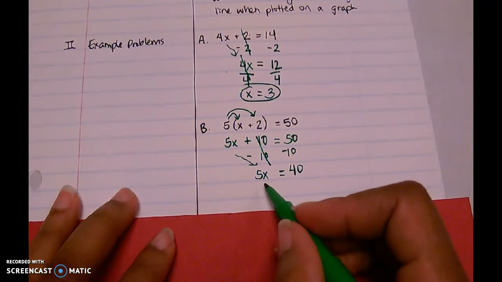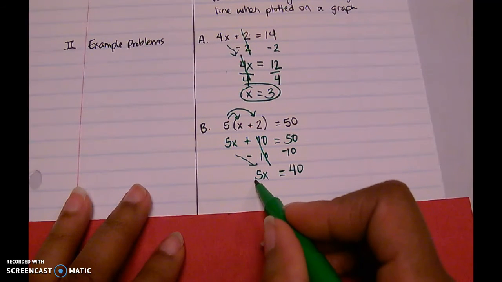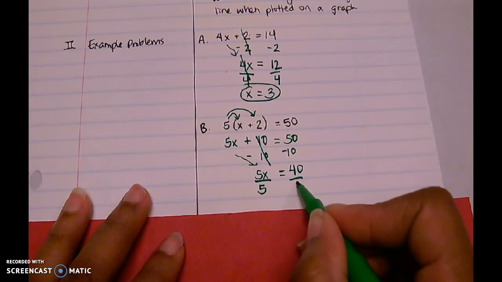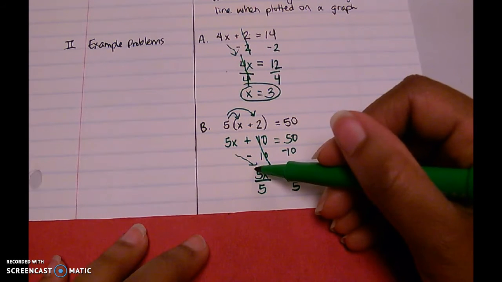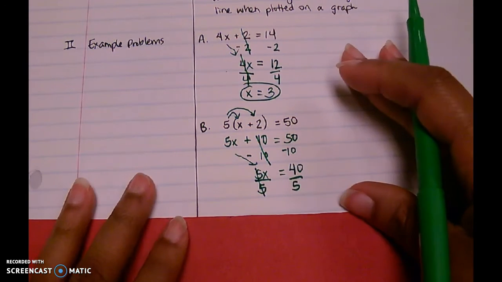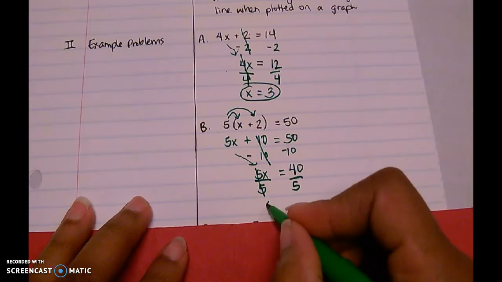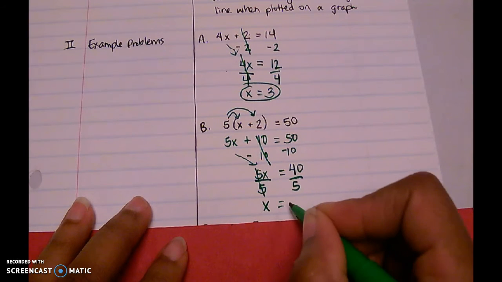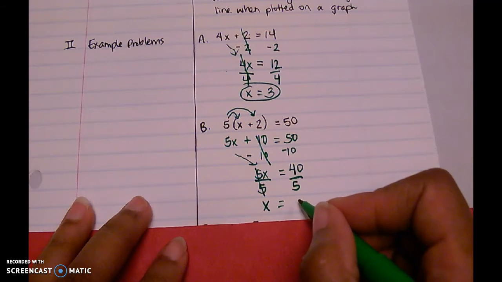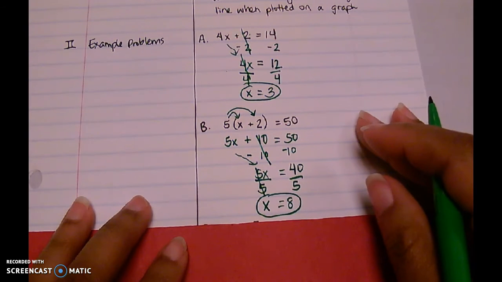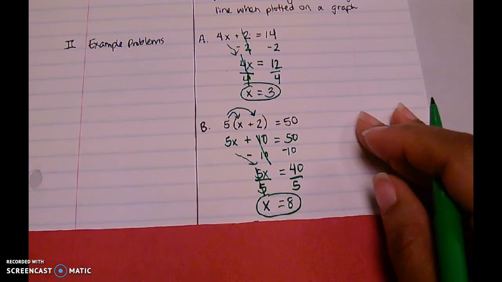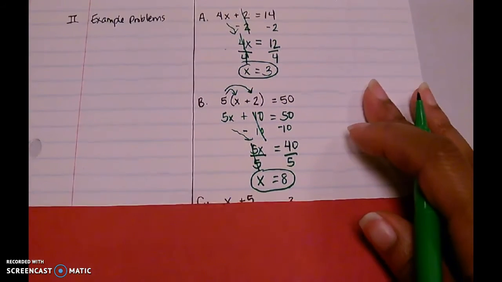Next, finally, I'm going to divide both sides by 5 so that I can get x by itself. I'm dividing because 5 divided by 5 is 1, which cancels that out, and leaves me with just x on this side. 40 divided by 5 is going to give me 8, so my answer is x equals 8. Okay? Moving right along. Next problem.